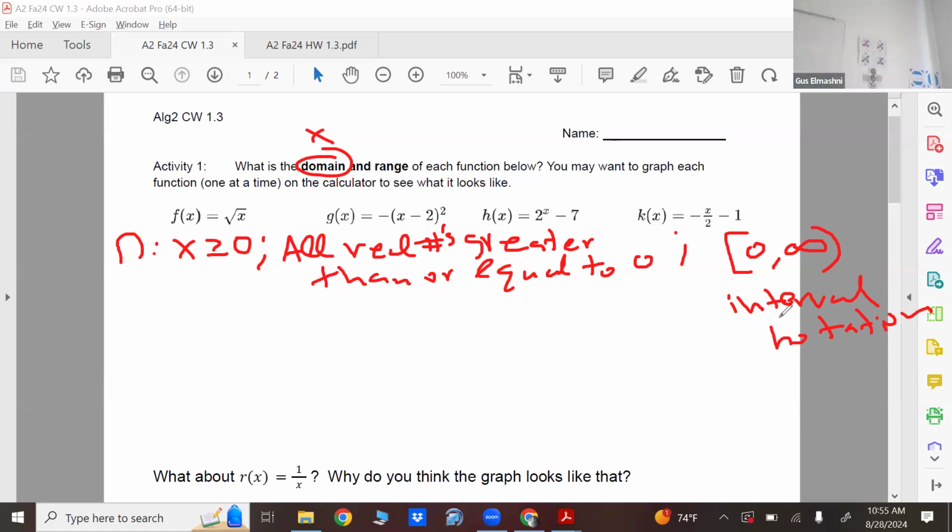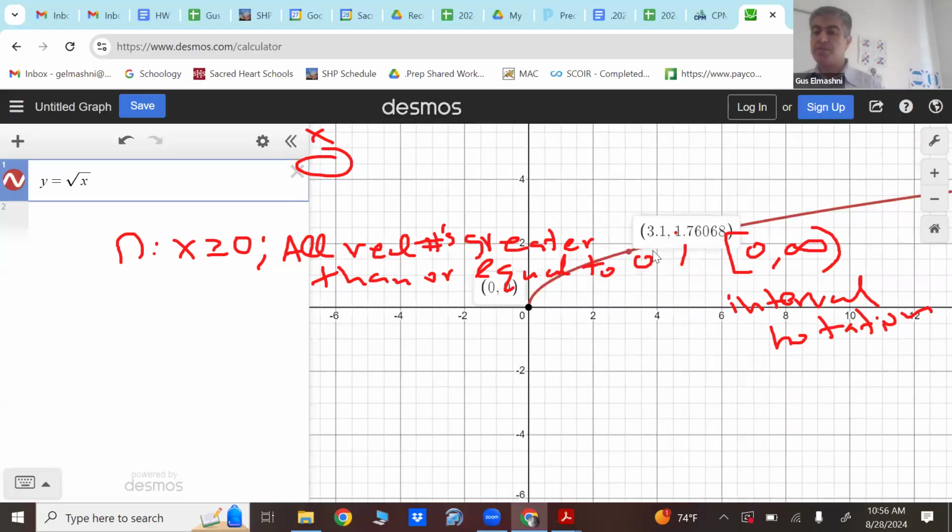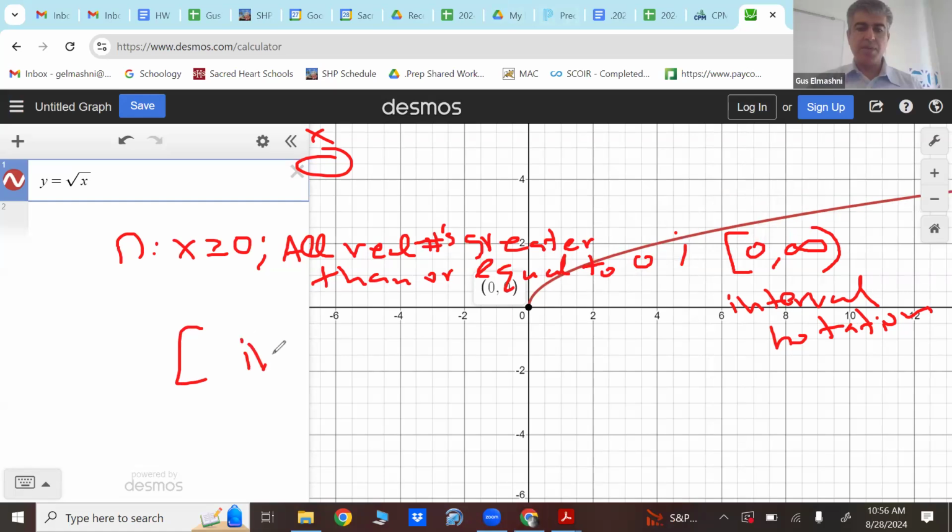The bracket means included. So the way this works is that you start at 0 and you go towards infinity. Because if you think about it, where does the graph start for x? At 0, right? And what does it go towards? Infinity. So that's called interval notation. The way interval notation works is the bracket is included.